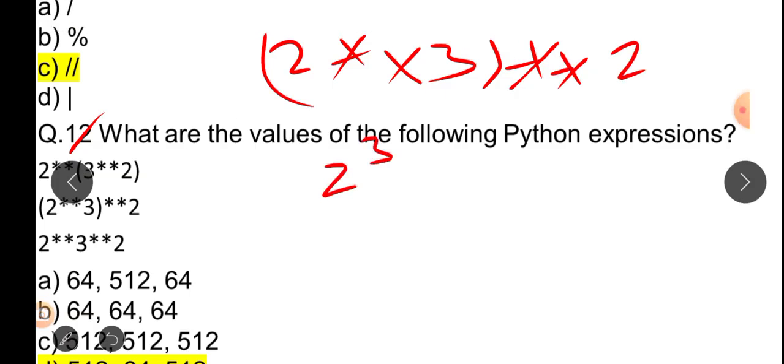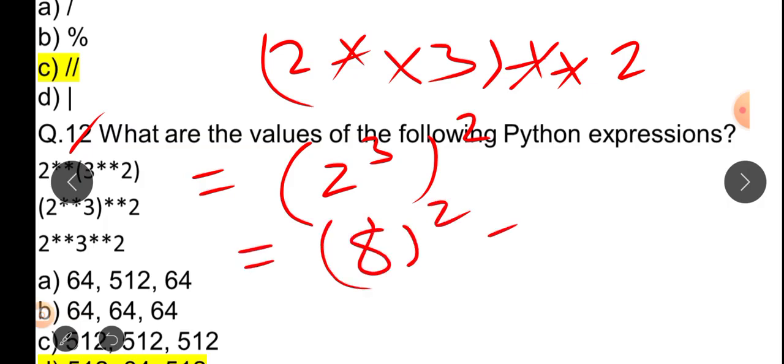So it is equivalent to 2 power 3 power 2. So 2 power 3 is 8, and 8 power 2 means 64 will be the answer. So 64 is the answer.